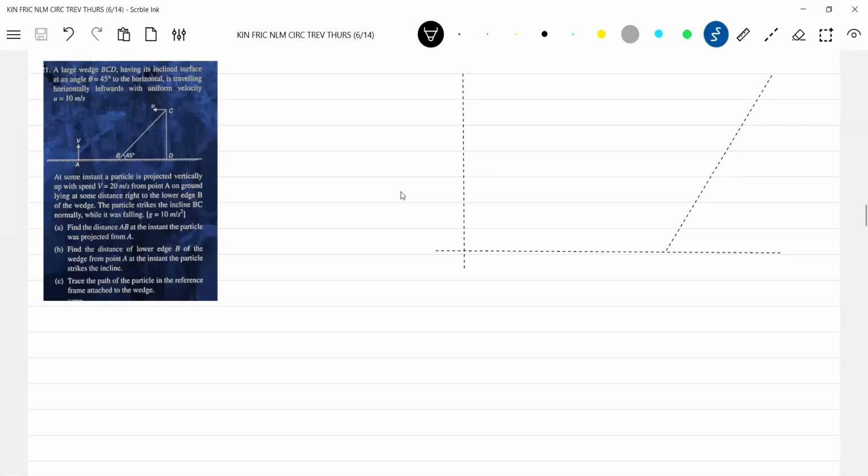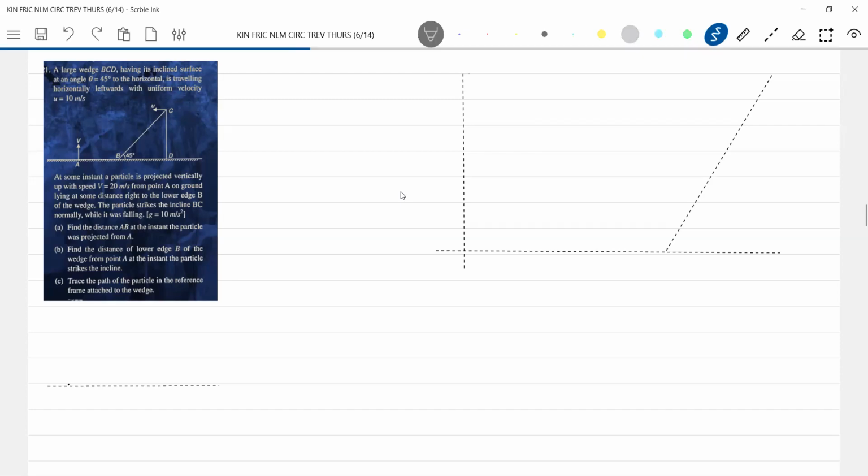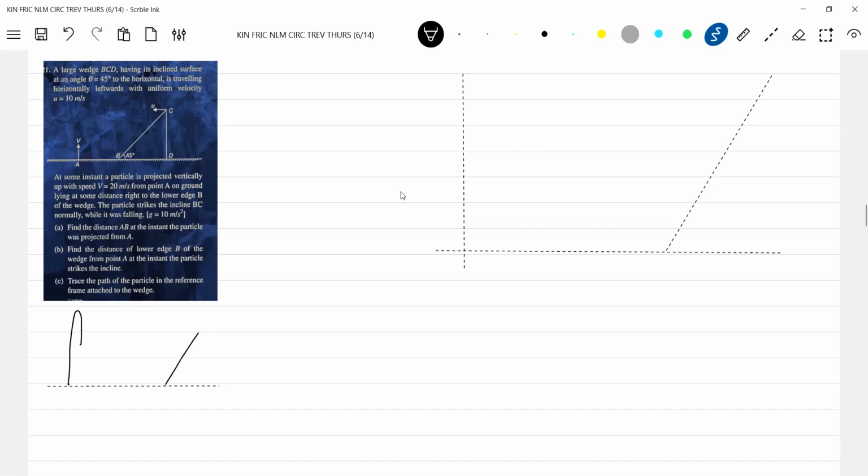Here we'll have a small rough diagram so that it'll be useful in writing equations. Initially, the wedge will be here.